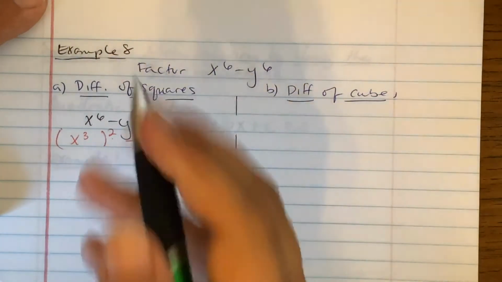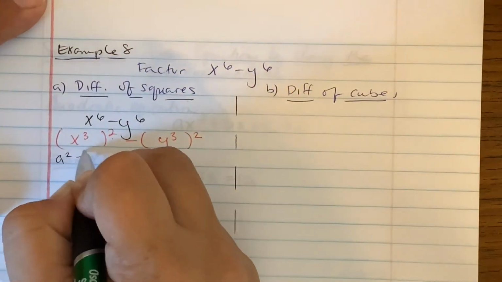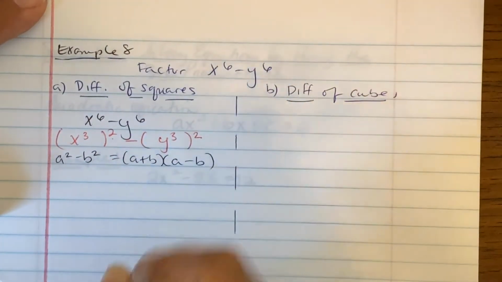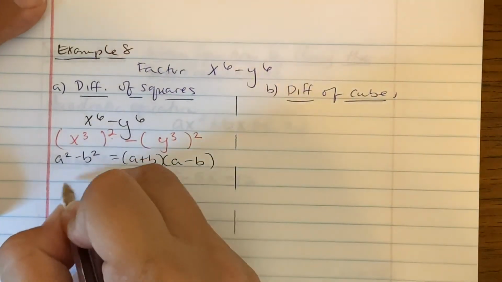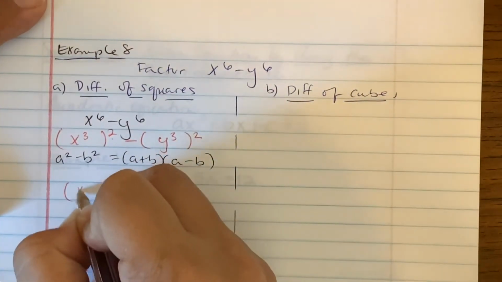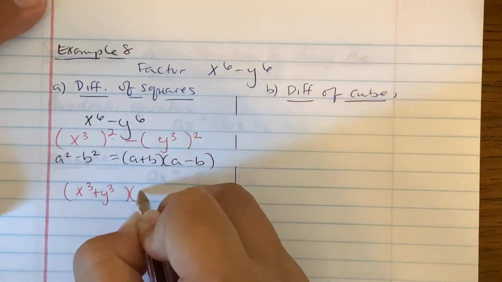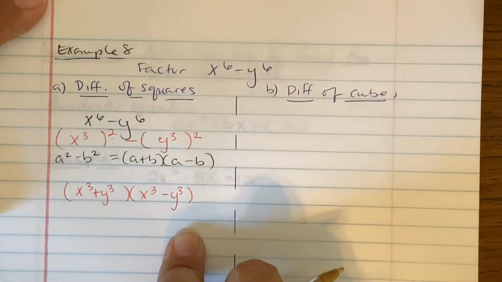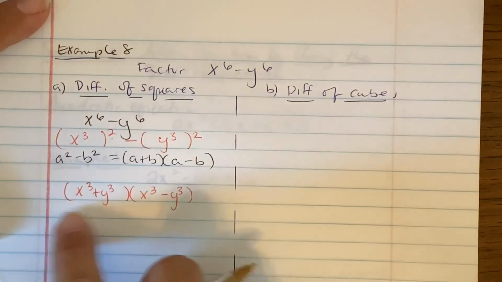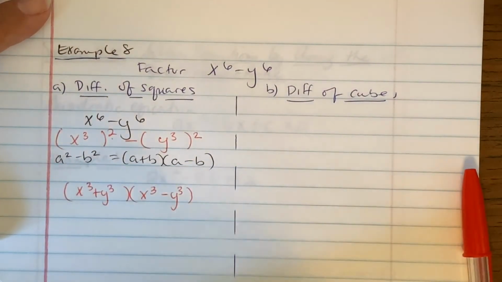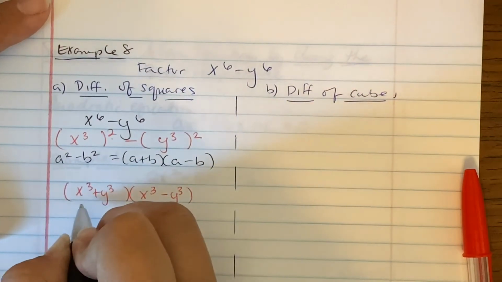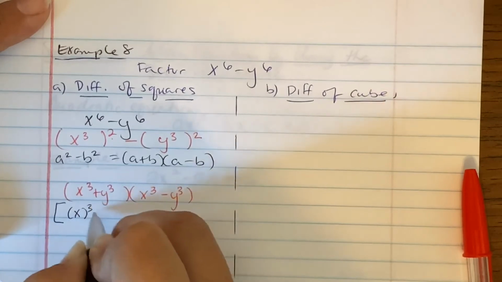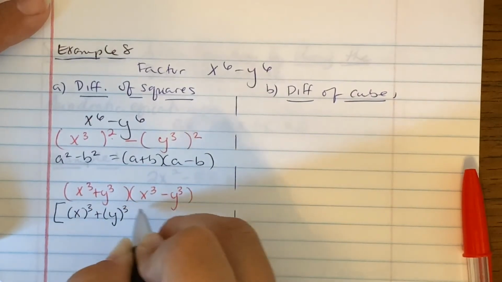So remember, difference of squares, which is a squared minus b squared, that is a plus b, a minus b. So this breaks down into x cubed plus y cubed, x cubed minus y cubed. Now I notice that I result in a sum of cubes and a difference of cubes.